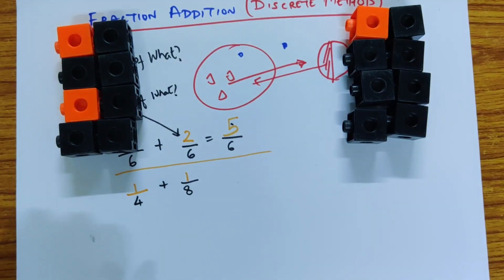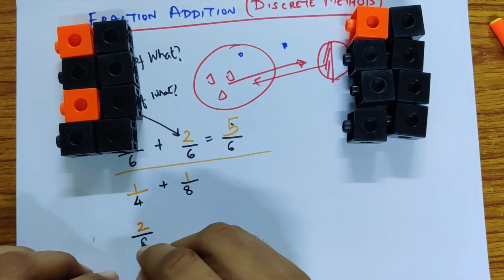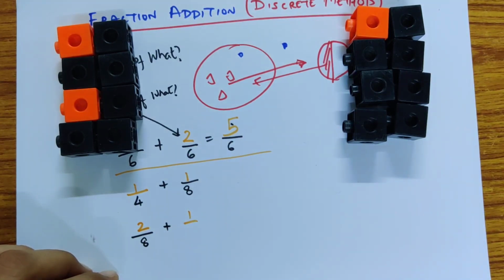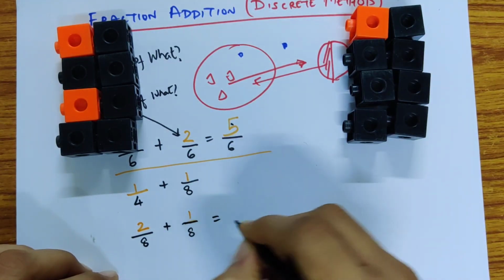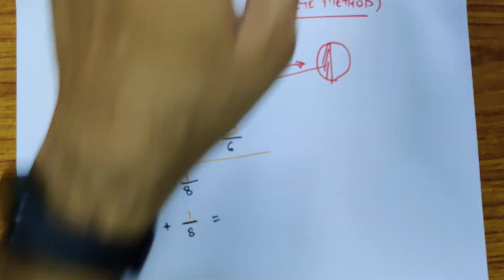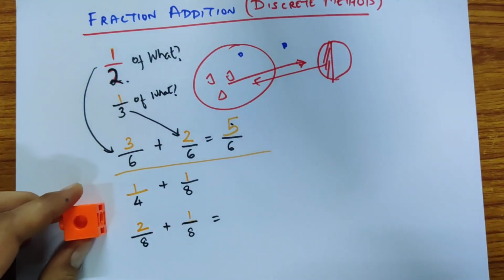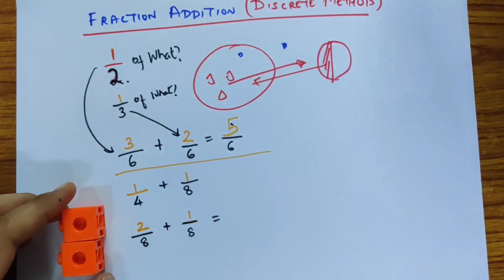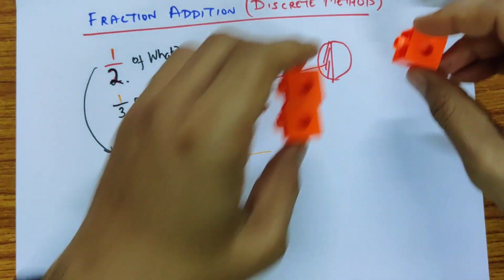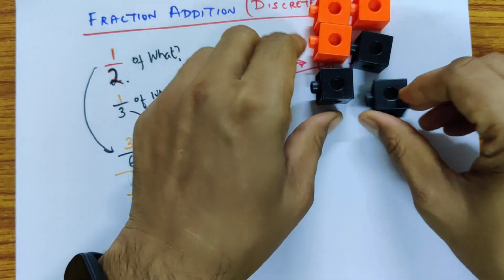So out of 8 pieces, I will have 2 contributed by this, 1 contributed by this, and so the remaining 5, I don't have.